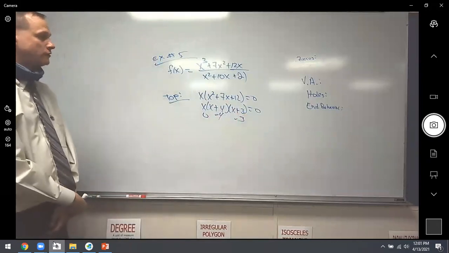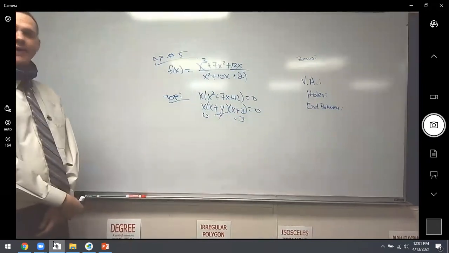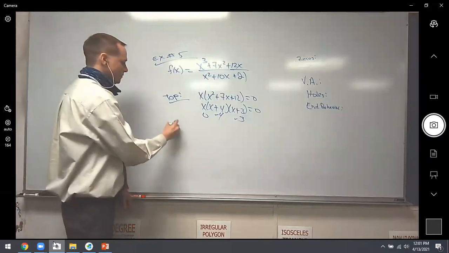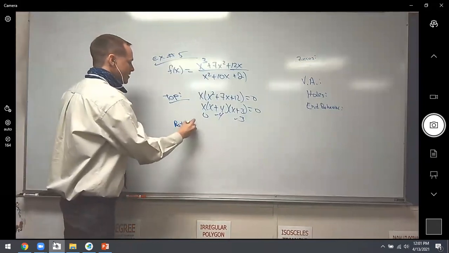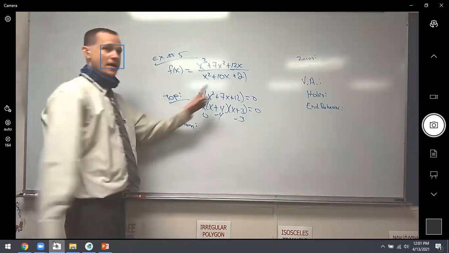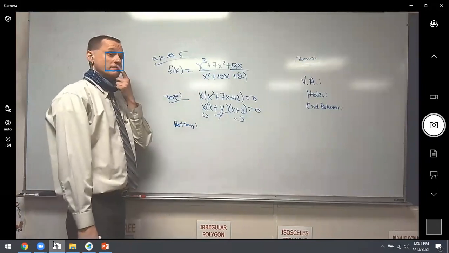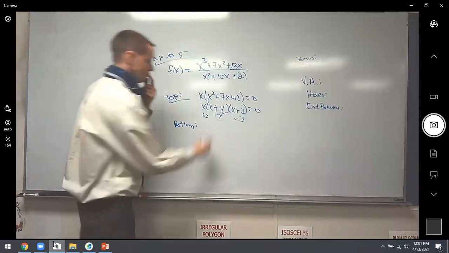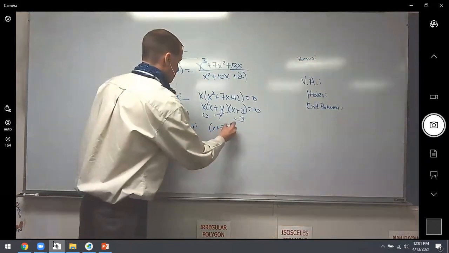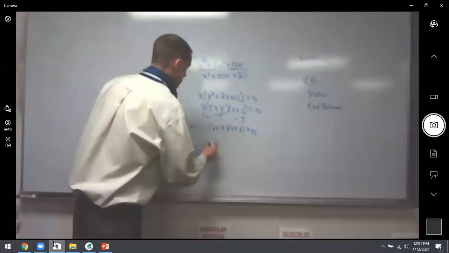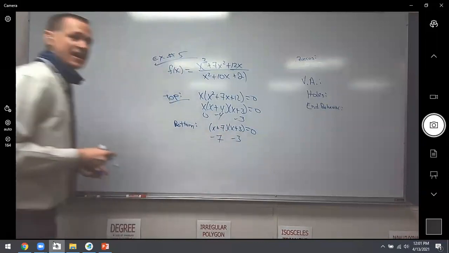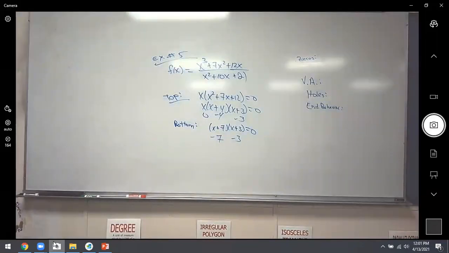Okay. While we're at it, let's go ahead and do the bottom. When's the bottom equal to 0? Well, I can think of two numbers that multiply to 21 and add to 10. 7 and 3, I'd agree. So x plus 7 and x plus 3 is 0. -7 and -3 make the bottom 0. Do you see why there's a hole this time?